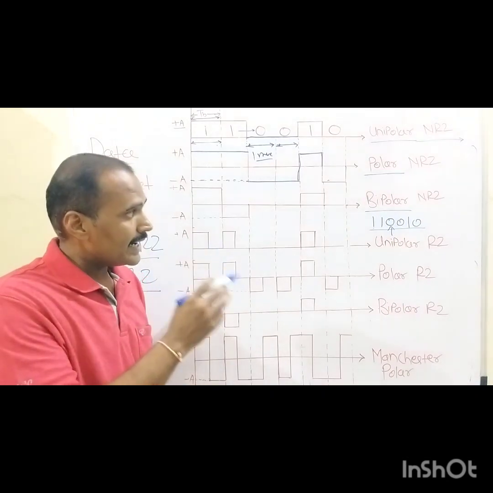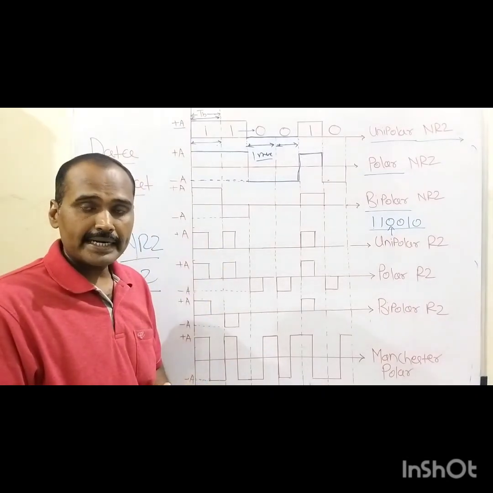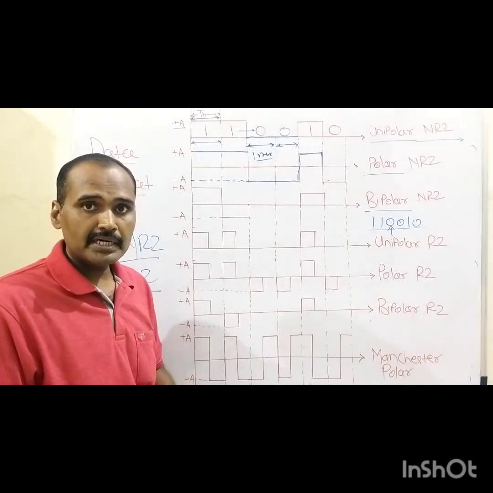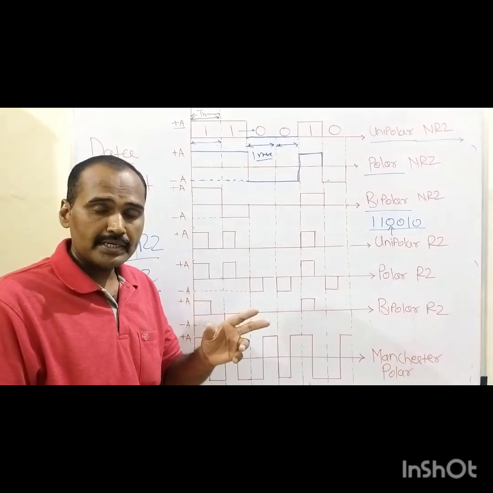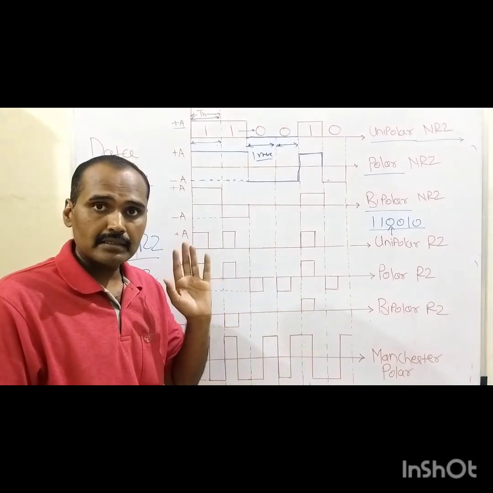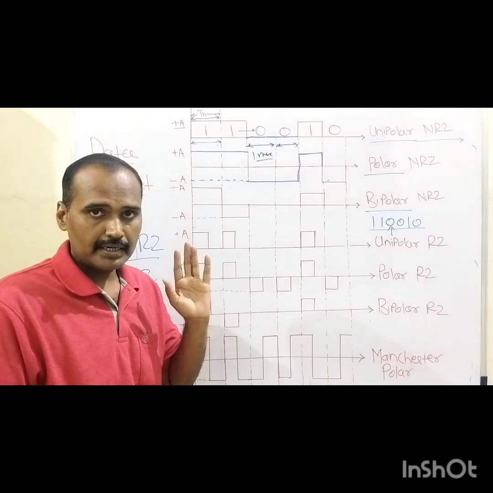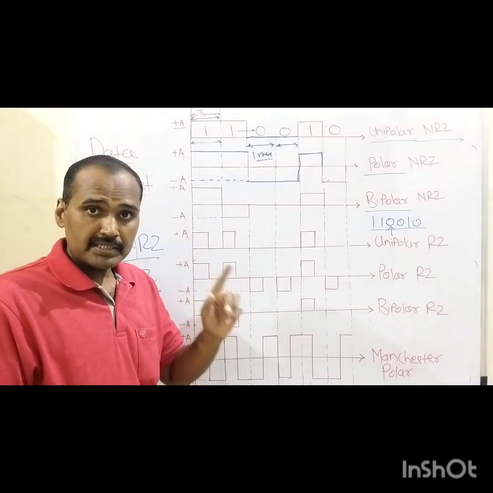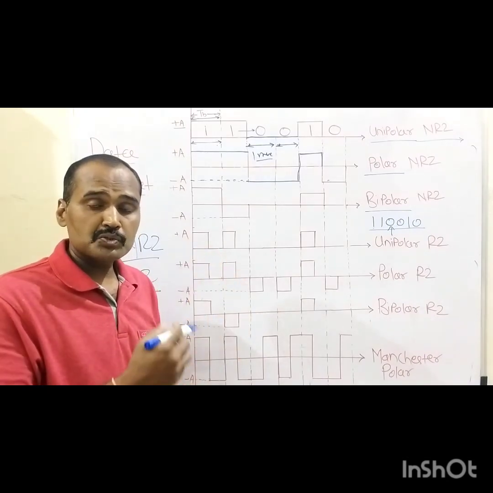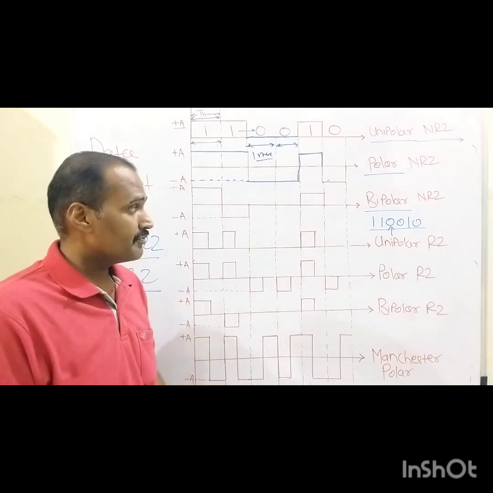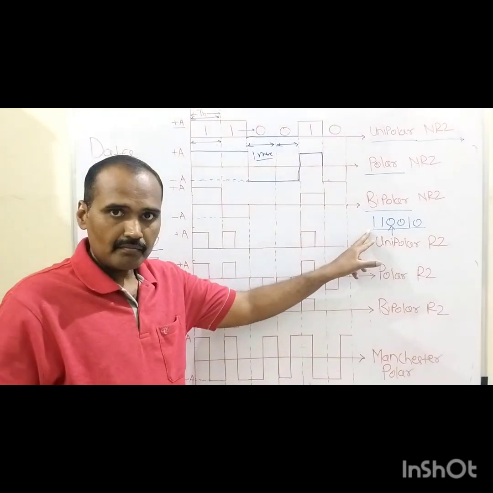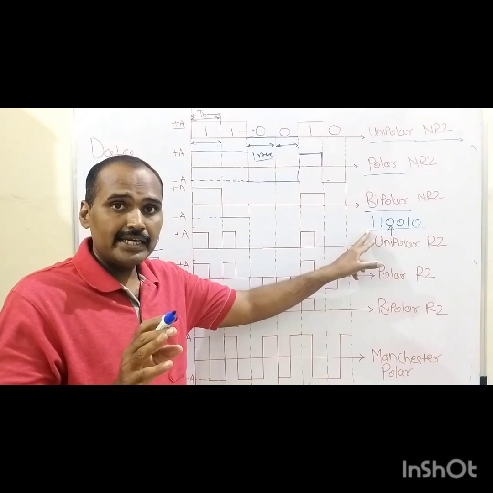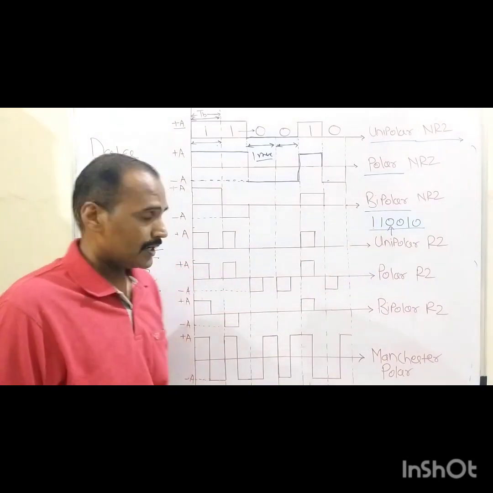But the unique identity of the bipolar NRZ type of sequence is that these two different voltages, plus A volt and minus A volt, are assigned to the same signal level, binary 1. We are not assigning any voltage to binary 0.